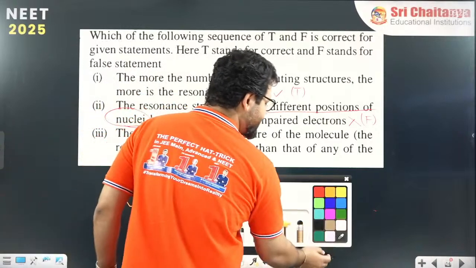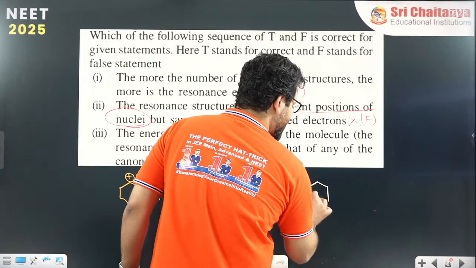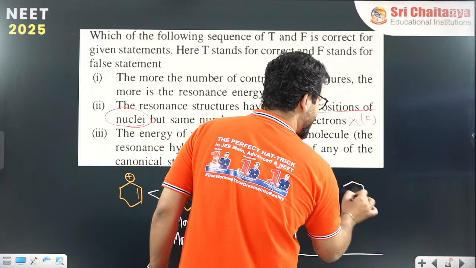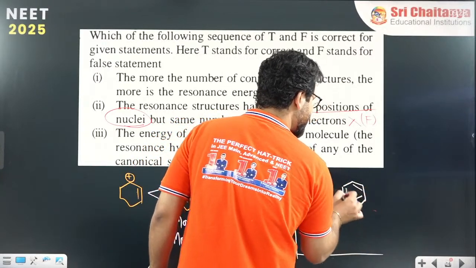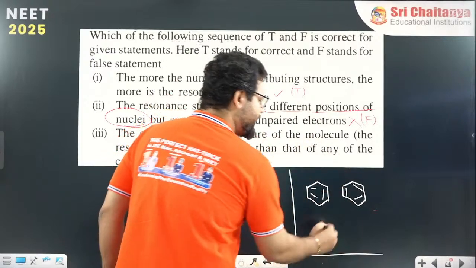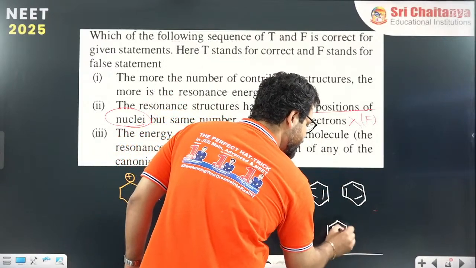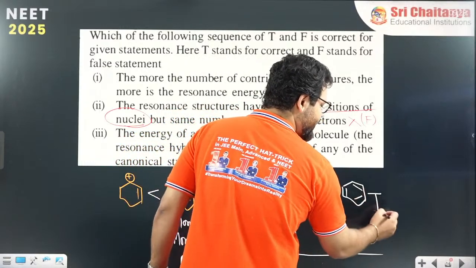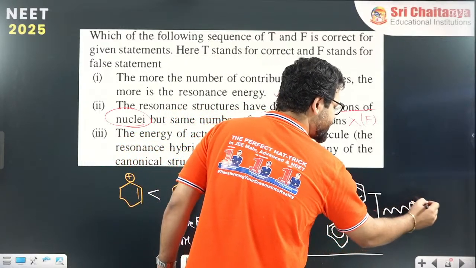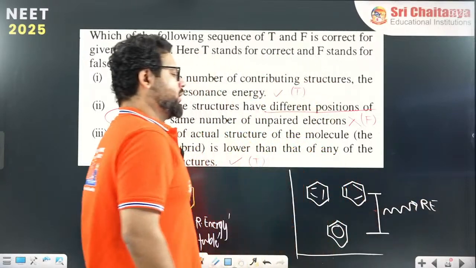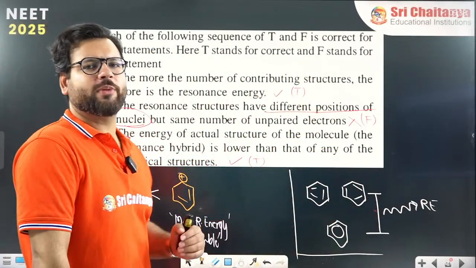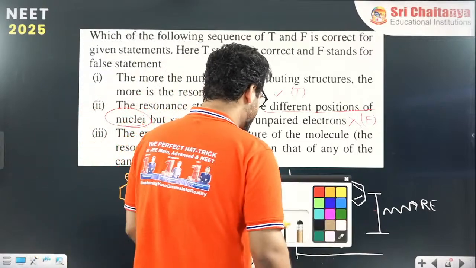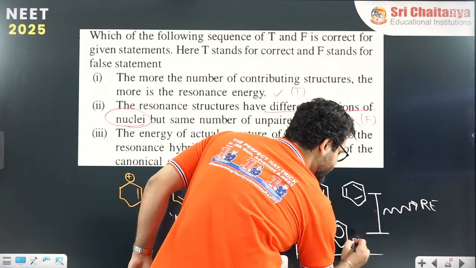So if I take benzene, this is the hypothetical structure of benzene. This is another hypothetical structure of benzene. Benzene is neither this nor this. This is the real structure of benzene. So the real structure of benzene is more stable, and the difference between the two is called resonance energy. The difference between the most stable canonical form and the resonance hybrid. This is the resonance hybrid.